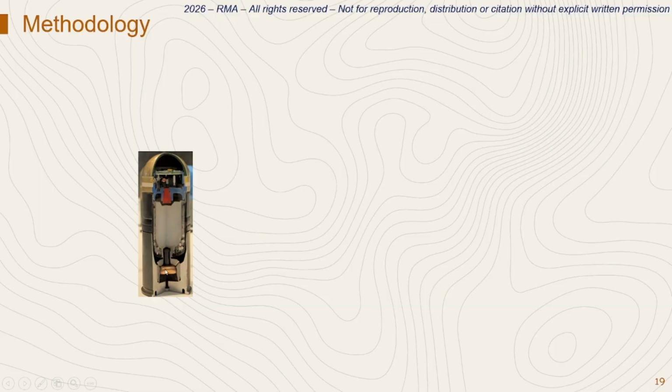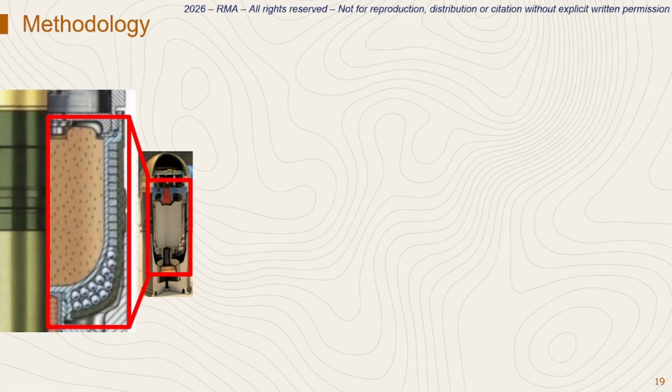If we cut an ammunition open and zoom in on this bit here, we notice there's a composition of rectangular and spherical fragments.